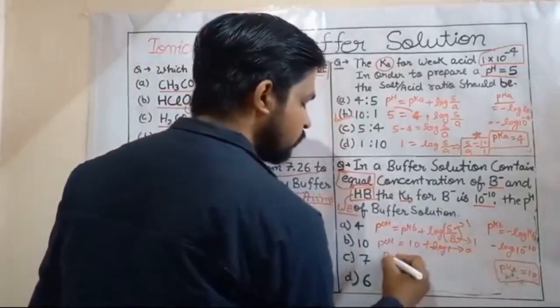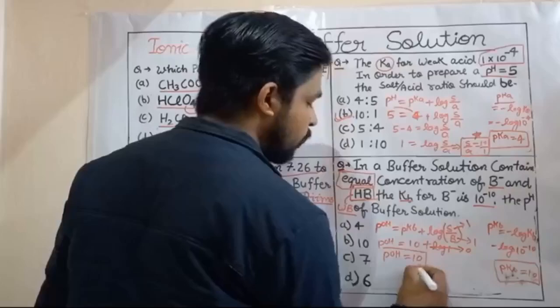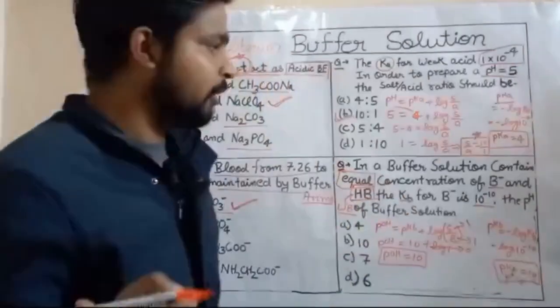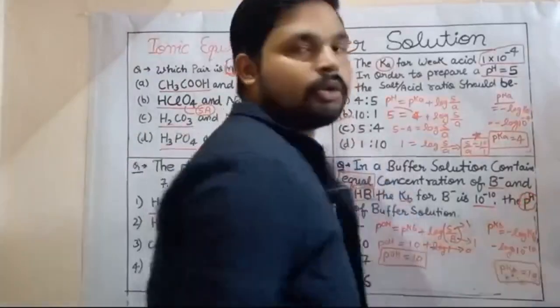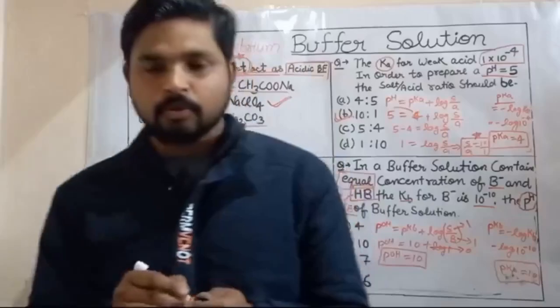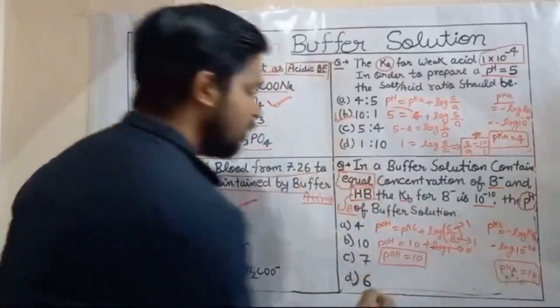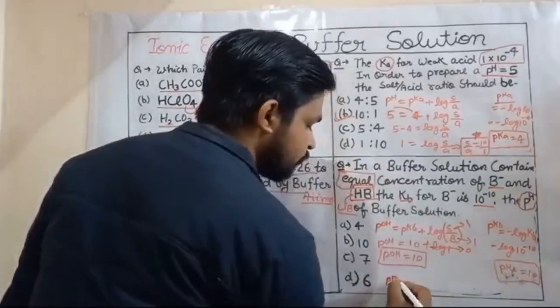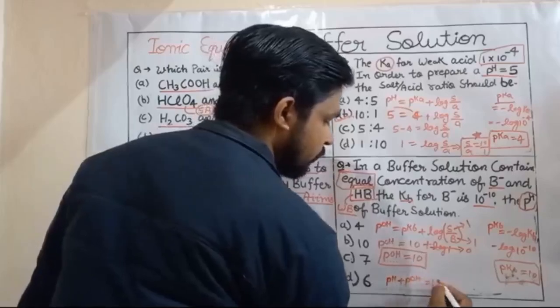So pOH is 10. We get pOH is equal to 10. But in the question pH is asked. You see that in the question pH is asked. So from the chapter basics of ionic equilibrium, you know that the sum of pH plus pOH is equal to 14.